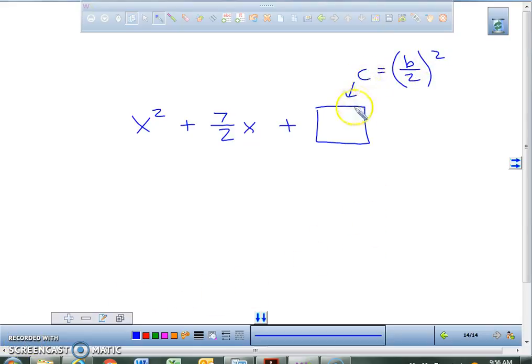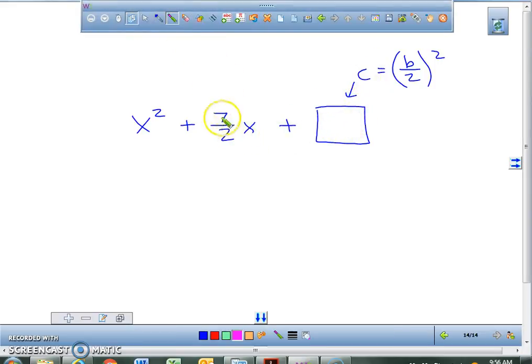All right, in order to get the c value here, we need to understand that this right here is our b value. So dividing something by 2 is the same thing as multiplying it by what fraction? 1/2.